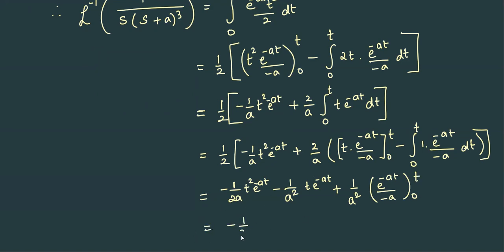So minus 1 by 2a t square e power minus at, minus 1 by a square t e power minus at, minus 1 by a cube into e power minus at minus e power 0, 1.